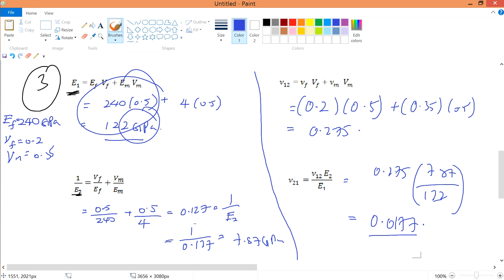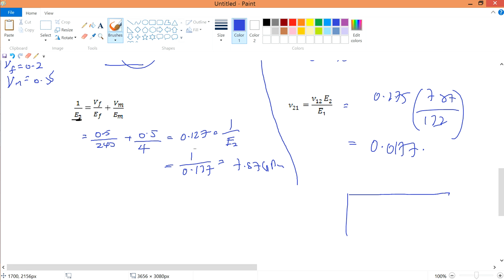So the smaller the Poisson ratio, this means that the expansion is faster than the compression. You get me? Because for V21, we are pulling in this direction, so therefore this thing over here will start to bend. If you think about it, when you pull this direction, this is the weakest part.